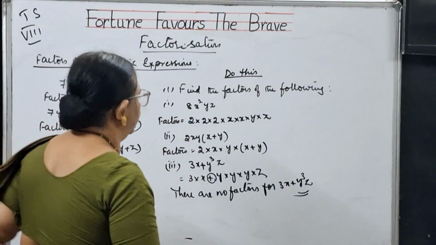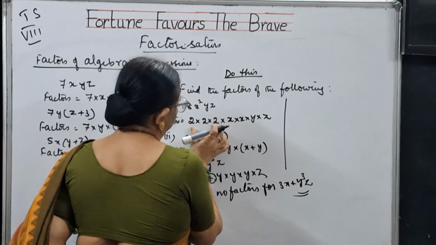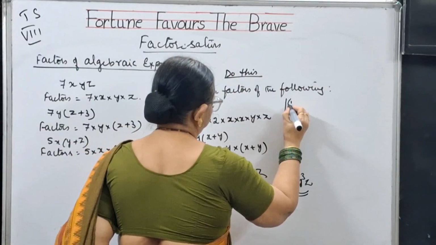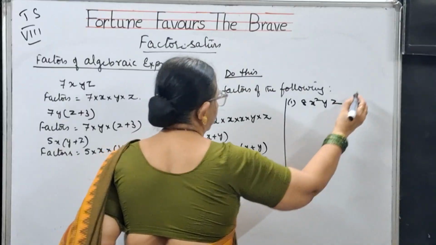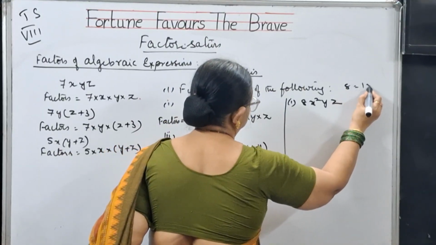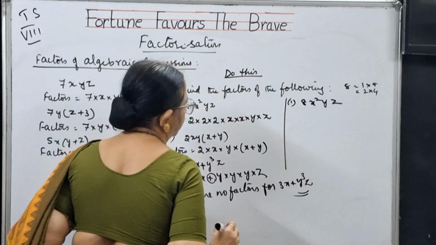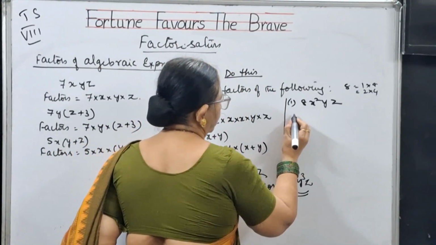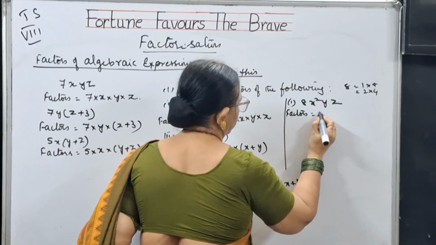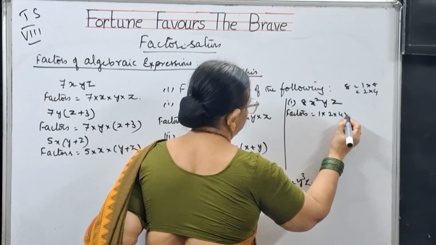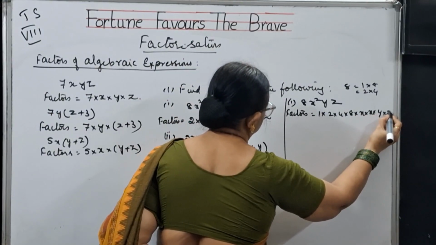In case you want to find out, these are actually prime factors I have taken. If you want to write this problem as normal factors, what are the factors of 8? 8 means 1 into 8, 2 into 4. That's all. 4 twos are 8 or 2 fours are 8. So you can even write its factors as 1 into 2 into 4 into 8 into x into y into z.